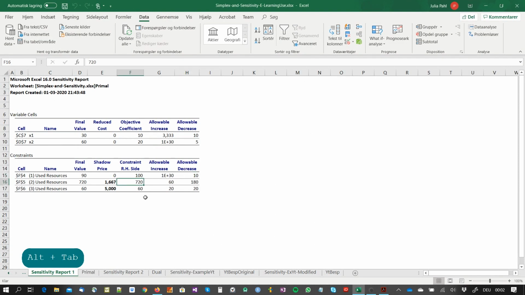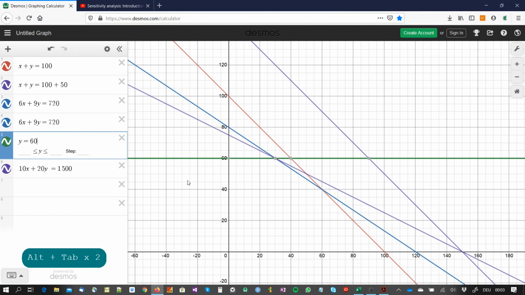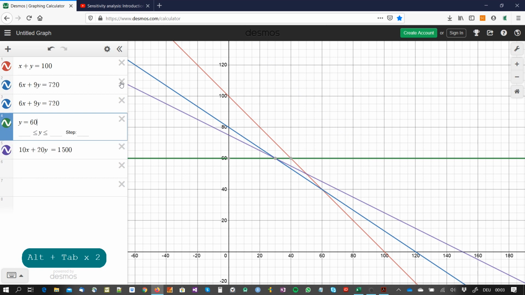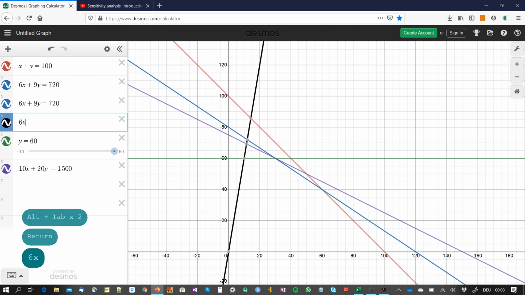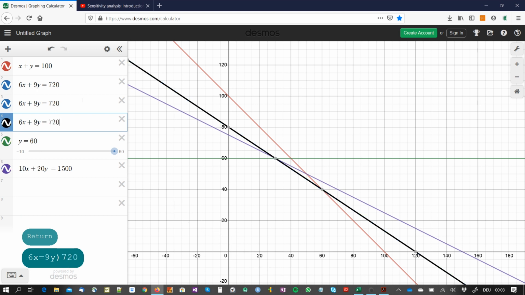If we do the same for the second resource, here the value was 720, and we are allowed to increase it by 60 or decrease it by 180. If we look at this resource, we can make this visible by seeing how much this can change.